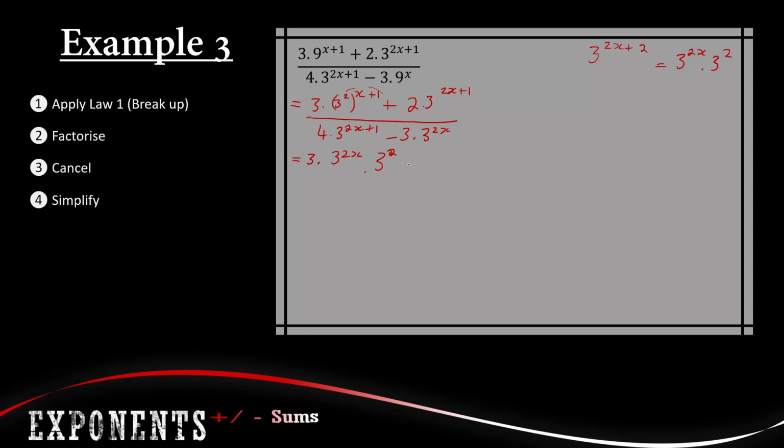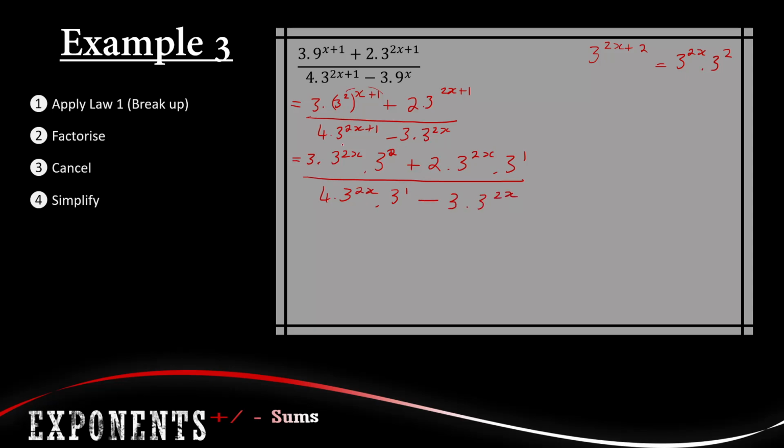Okay, and then we can break the others up. 2 times 3 to the power of 2x times 3 to the power of 1, all over 4 times 3 to the power of 2x times 3 to the power of 1, minus 3 times 3 to the power of 2x.